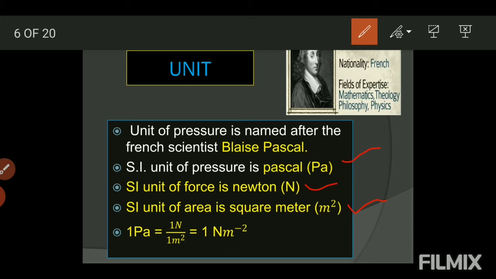So the derived unit for pressure is Newton per meter square, and the relationship between the SI unit and the derived unit is 1 Pascal is equal to 1 Newton per meter square. So if your force is in Newton and your area is in meter square, you can very easily find out the pressure in terms of Pascal.